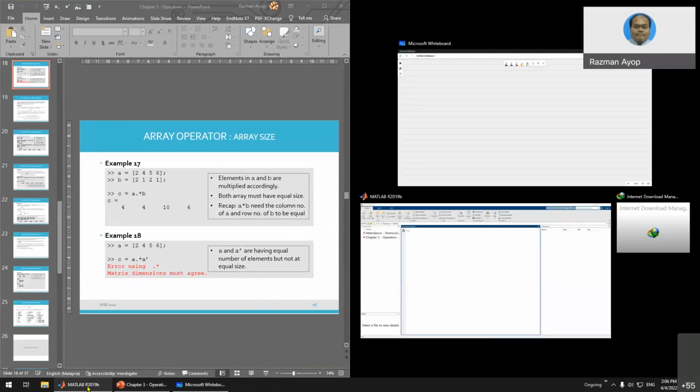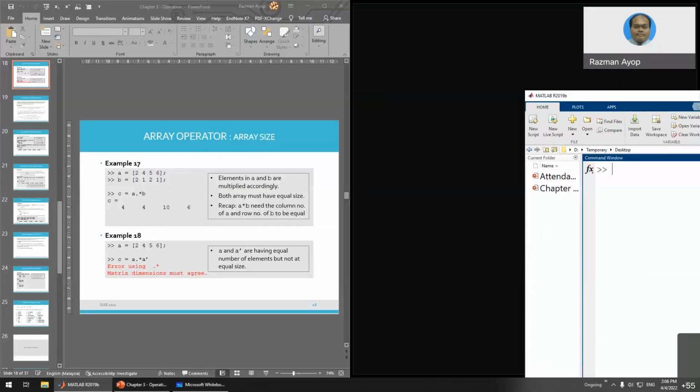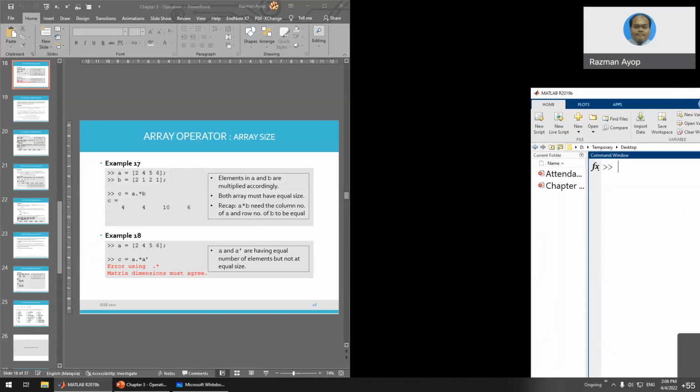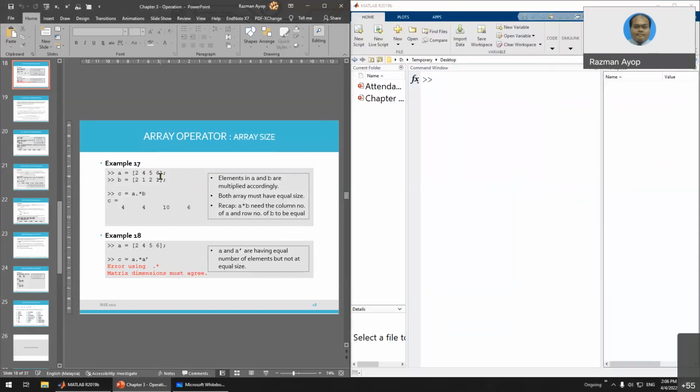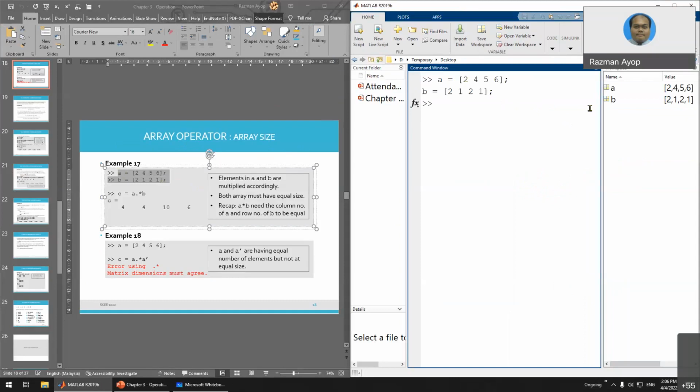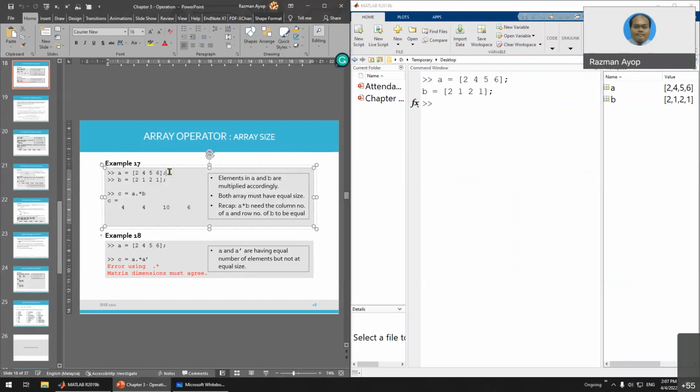So let me show you how to do this in MATLAB first. You can just copy this, no problem. You set A and B. If you want to see the matrix itself, you just remove the semicolon at the end.